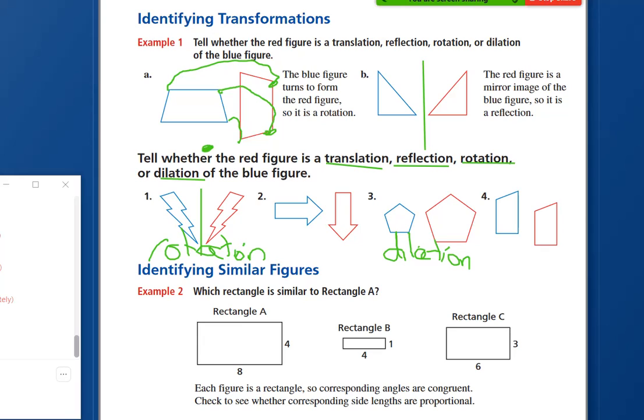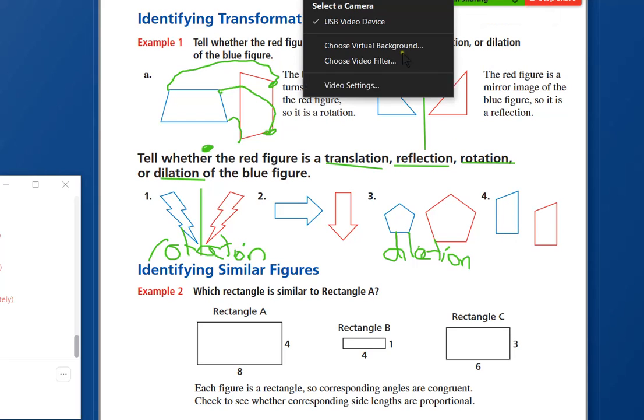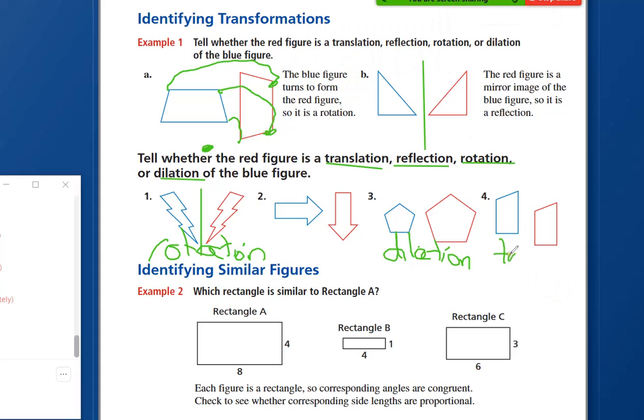Okay, so let me talk about an incorrect answer I just got here. This one is a translation. Oh, man, I need the new thing to work. This one is a translation.